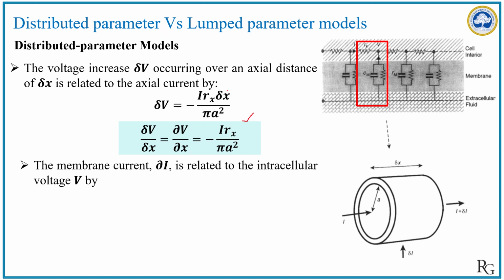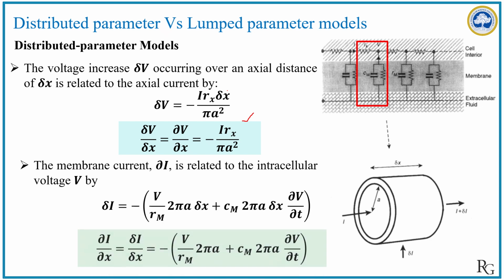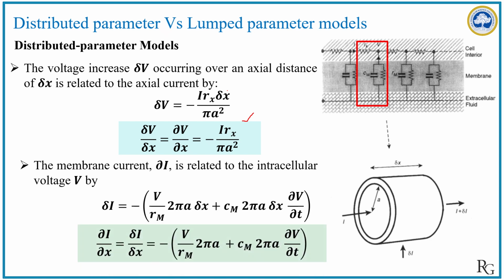The membrane current delta I is related to the intracellular voltage V by this particular equation. Similarly, this equation can be converted into this form if we send this element to the denominator. The right hand side of the equation bears a negative sign, since the increase in voltage should be associated with the current flowing in the direction opposite to that assumed in the figure.